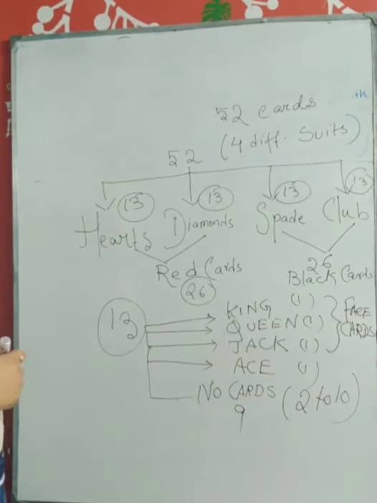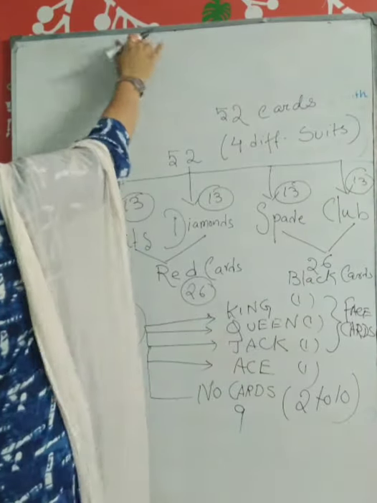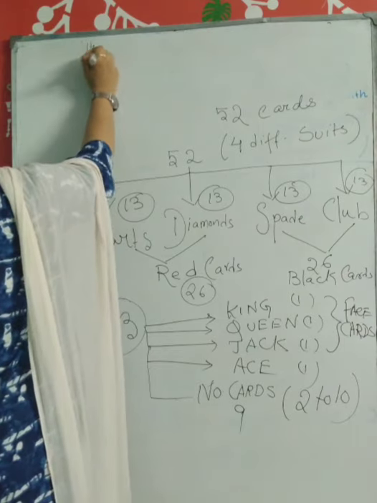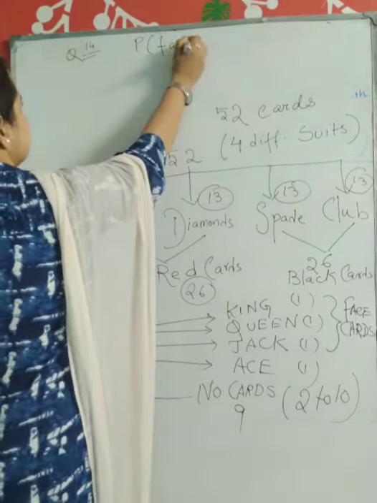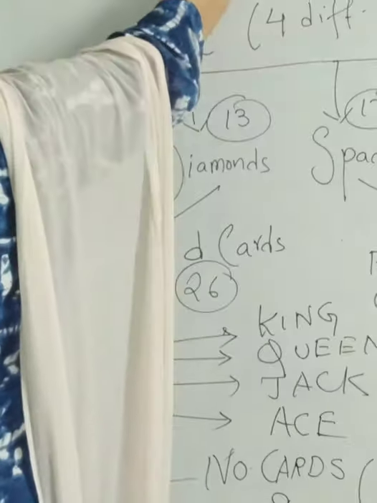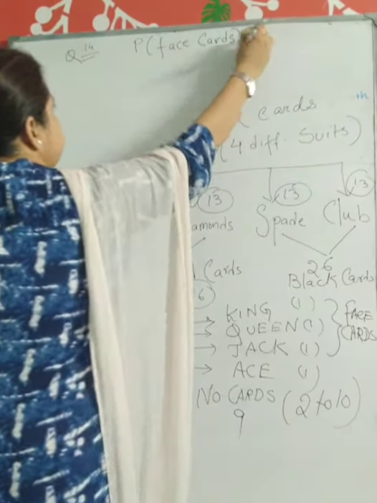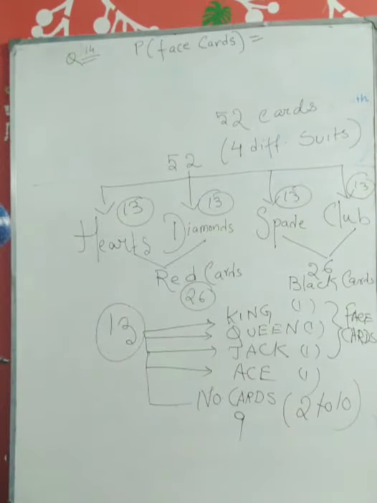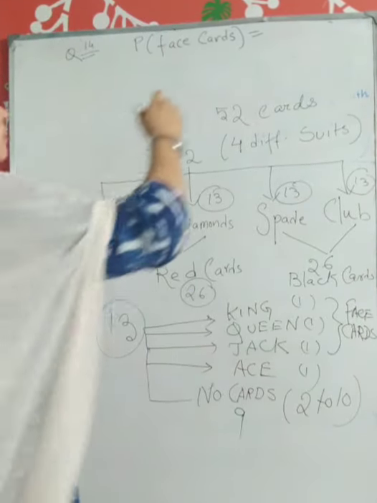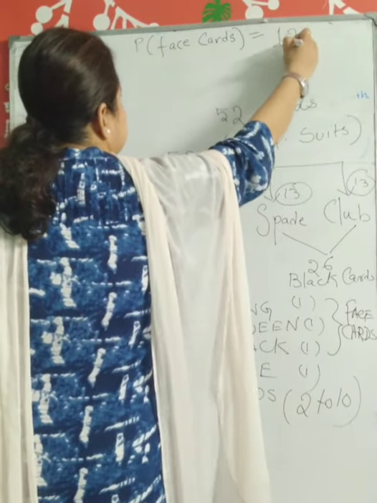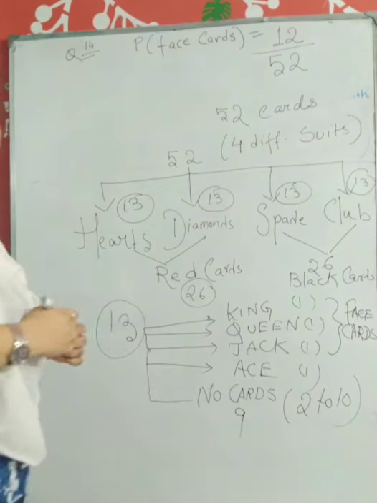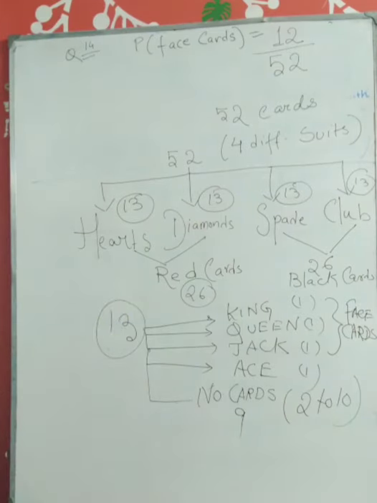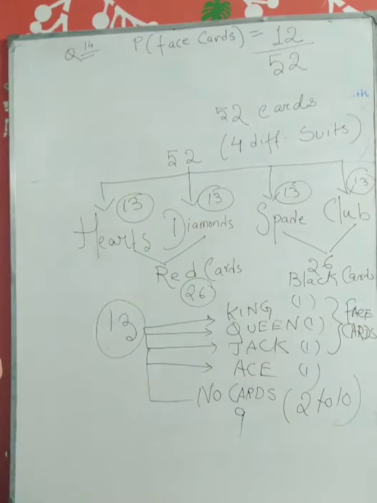Look at this system. Suppose you are asked how many face cards are there? So 12. So probability of getting a face card will be 12 by 52.